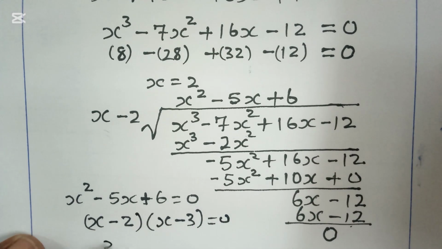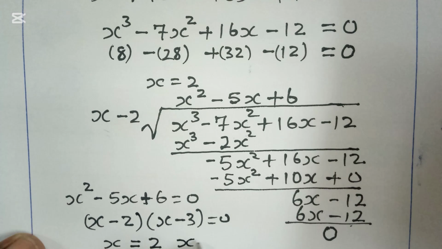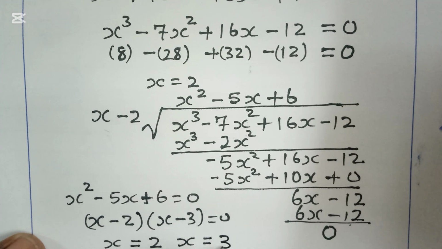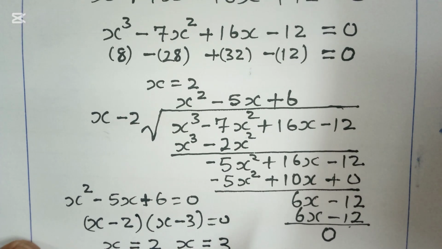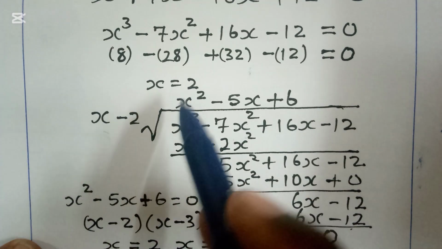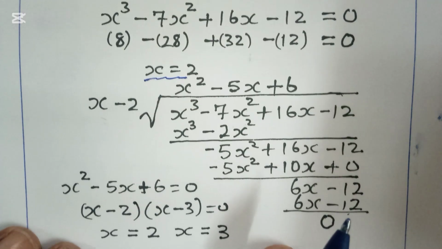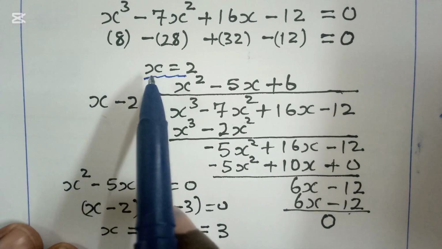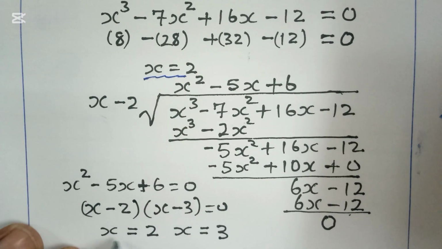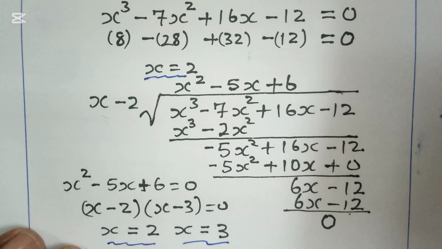So x is going to be equal to 2, or x is going to be equal to 3. And remember guys, we had already seen our x here. The first x was supposed to be 2. And now guys, we've been able to see our other values, though x is still the same as this 2. So those are the roots of that equation guys.